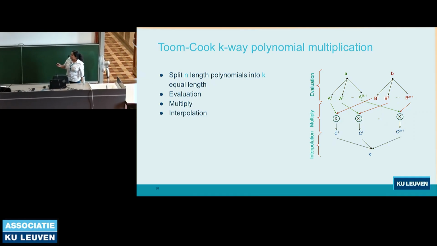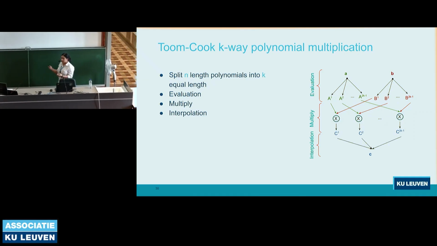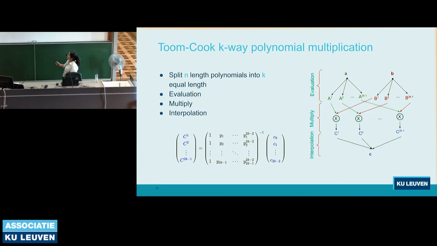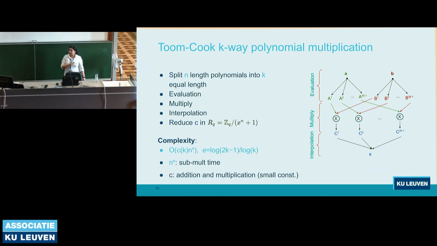And the last step is interpolation. It's very similar, like an inverse mapping: we multiply with this inverse matrix. And by doing that, we actually reduce the complexity.